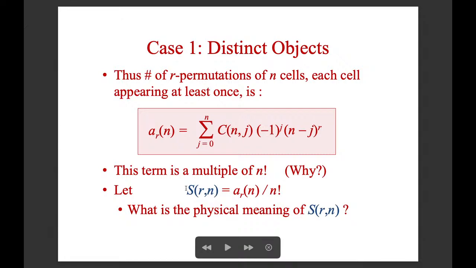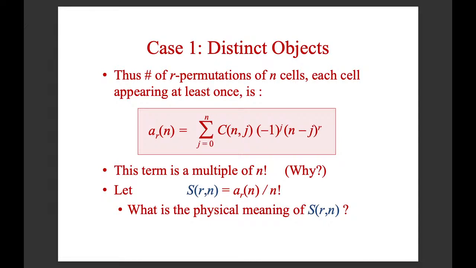We call this number S(r,n). So what does S(r,n) physically mean? It is the number of arrangements of r items into n cells, but these cells are non-distinct this time because we are not caring about the labels. But each cell must have at least one item.